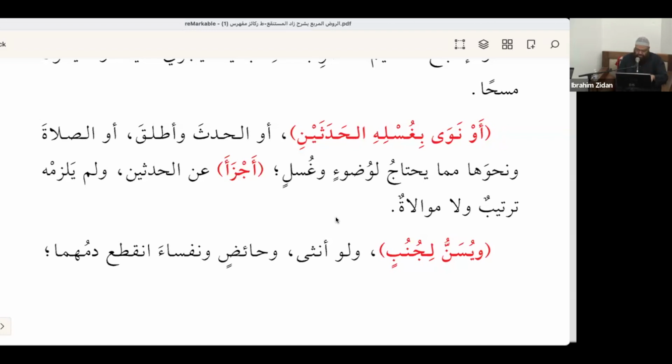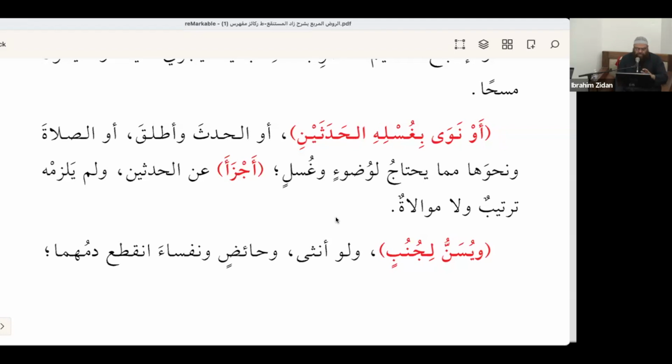Or, this is one case. أو الحدث وأطلق. Or he intended with his غسل الحدث. That he wants to lift the حدث وأطلق, that means he left it open. Did not specify major or minor. وأطلق الحدث. He is in a state where he has to make طهارة. But أطلق, that means he left it open.